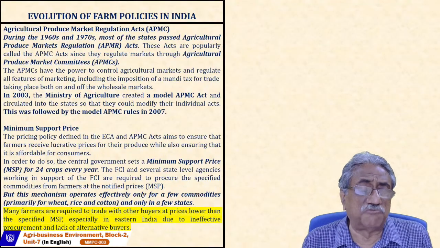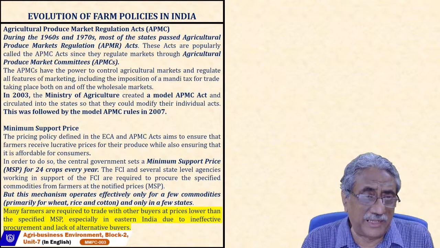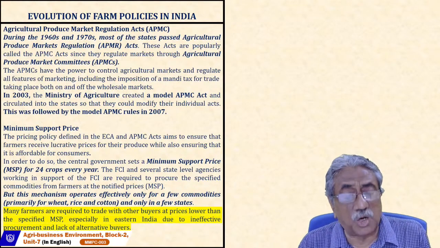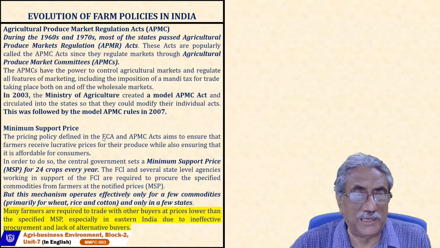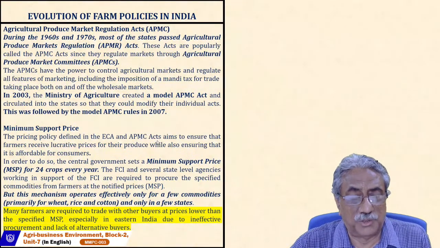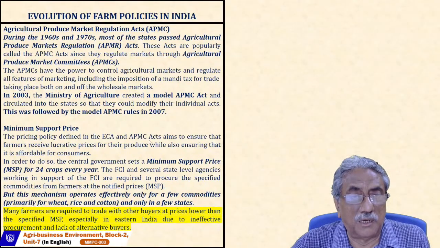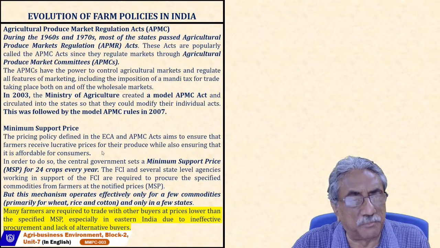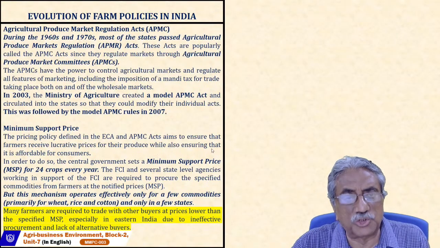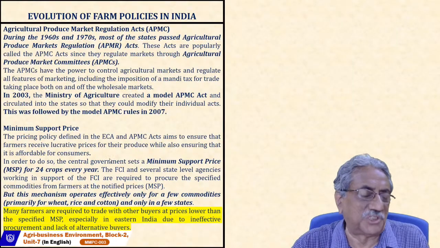The pricing policy is defined in the Essential Commodities Act, ECA, and the APMC Act, Agricultural Produce Market Committee Act. It aims to ensure that farmers receive a lucrative price for the produce while also ensuring it is affordable to consumers.